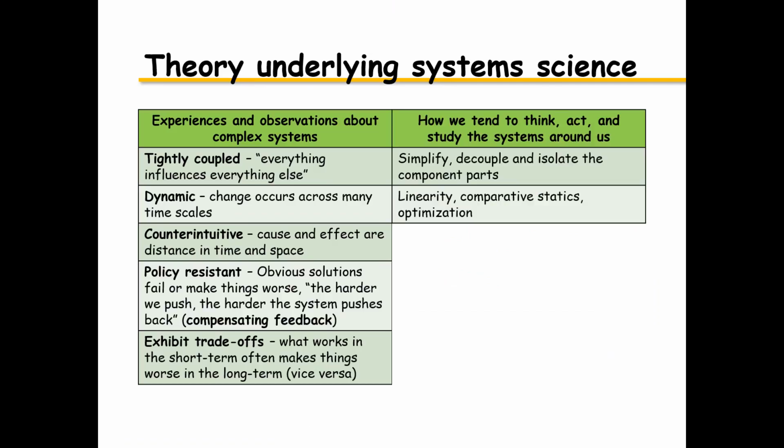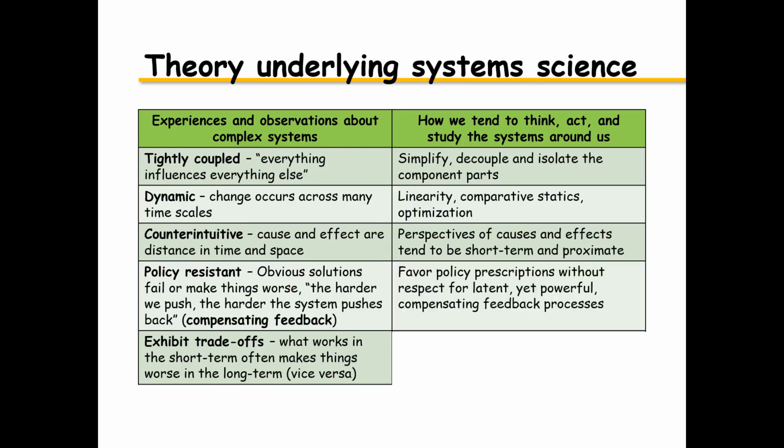We tend to linearize and look for ways to optimize certain things regardless of what timescales or interactions may be the root cause of things. We tend to have a perspective of cause and effect that is short-term and proximate in nature. I'll give you one good example on the BRD example in just a moment. Maybe that one.